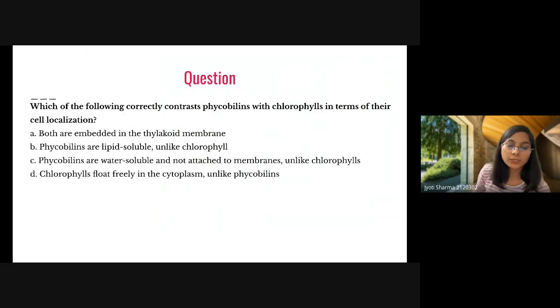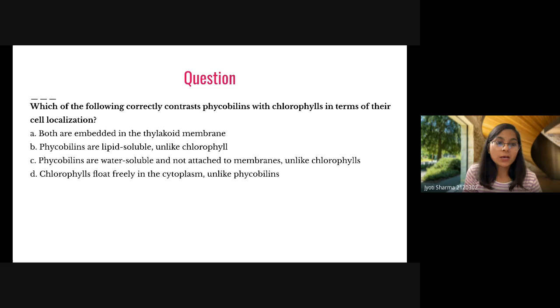Okay, the next question is, which of the following correctly contrasts phycobilin and chlorophyll in terms of their cell localization? You need to tell me the difference between phycobilins and chlorophyll in terms of where they are present. Option A is both are embedded in the thylakoid membrane.